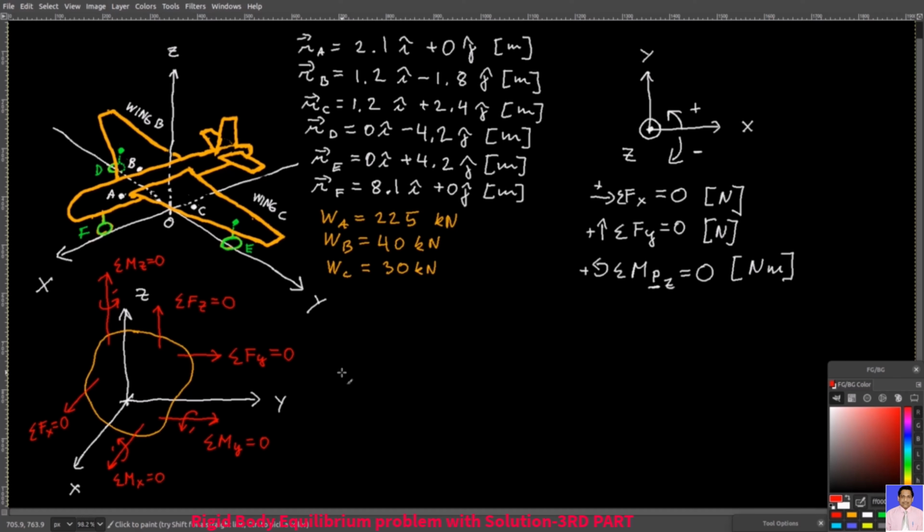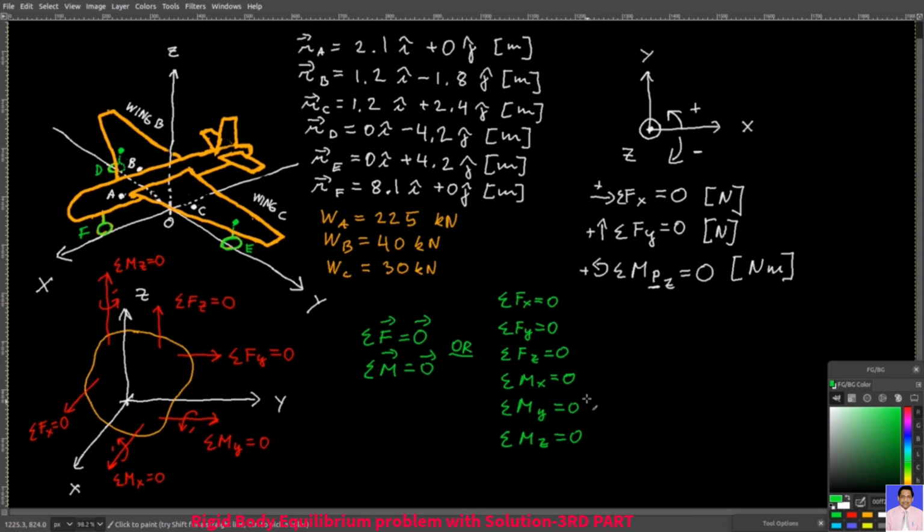Your rigid body equilibrium principle is the following. The vector sum of all the forces needs to be a 0 vector, and the vector sum of all the moments needs to be a 0 vector. Or in other words, you can write it like this. You get 6 equations. If you have 6 unknowns, you can solve for them.